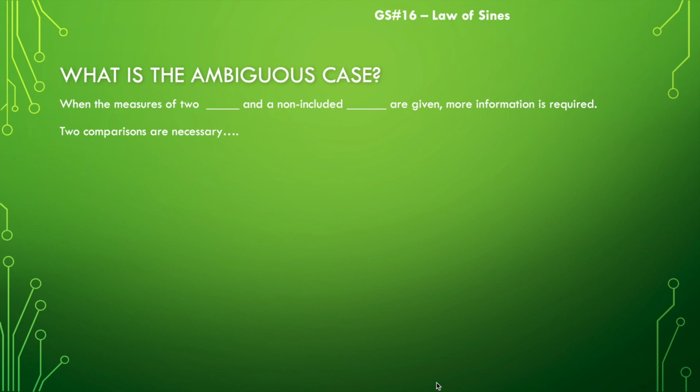Well, if you know what the word ambiguous means, it means to be kind of unclear. And that's exactly what this is. If you are given the measures of two sides and a non-included angle, well, then in order to be able to solve this triangle, we need more information because we may have some things that aren't quite clear.